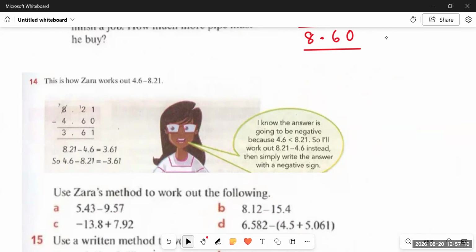And that's absolutely fine because we always take the greater number to subtract the smaller number from. Since 4.6 is smaller than 8.21, she put 8.21 above 4.6 and subtracted them. After getting the answer, just put the sign of the greater number, that is negative. So it would be minus 3.61.